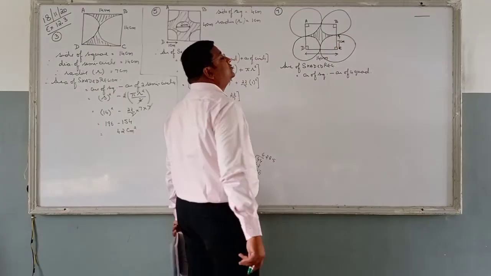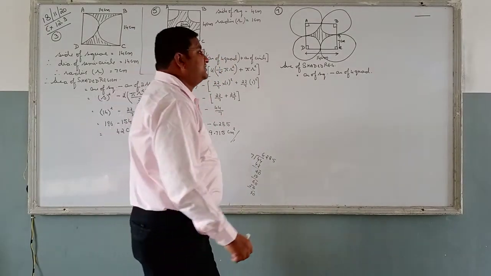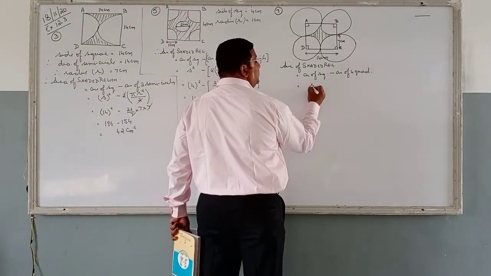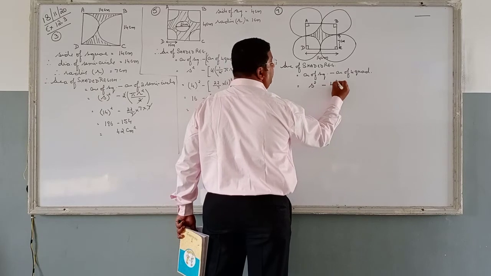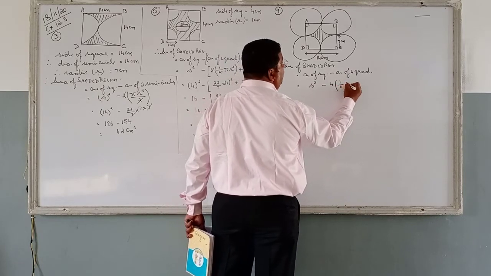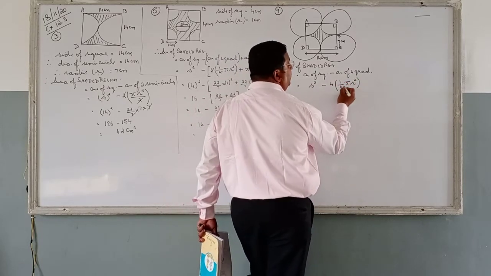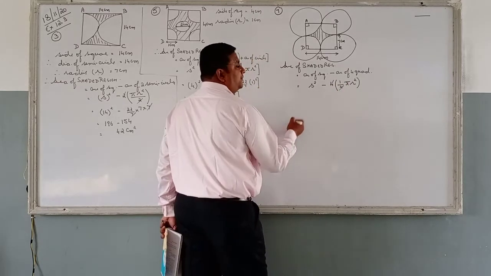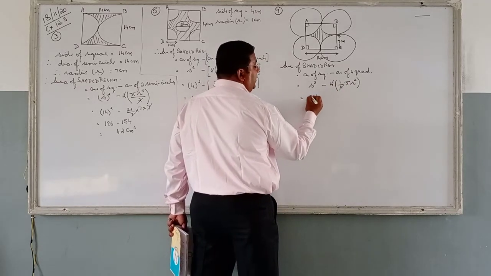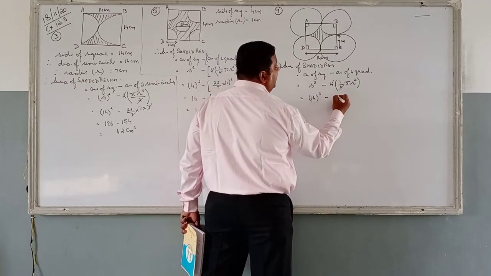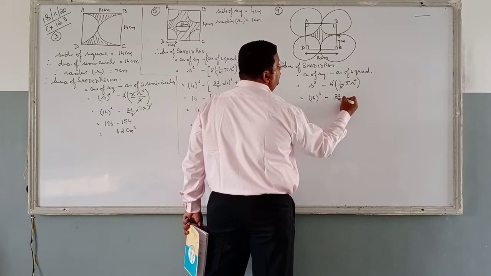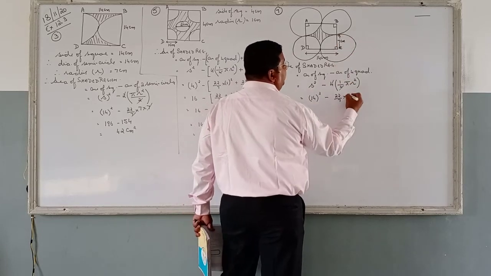In other words, for each of its quadrants. Area of square, side square, minus area of 4 quadrants, 1 by 4 pi r square. 4 and 4 cancel. 14 square minus pi r square, 22 by 7 into r. How much is r? 7.